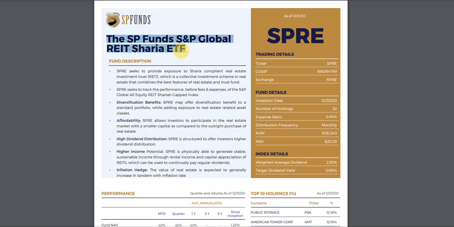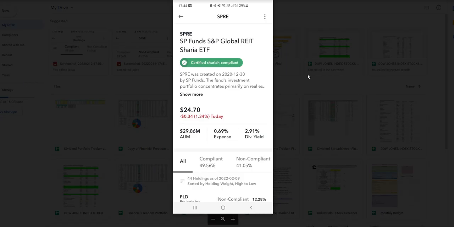But actually, before we look at the actual ETF, I want to show you some screenshots from Zoya. Some of the brothers made a request for me to do this video, saying that on Zoya, quite a lot of the companies in this ETF are actually non-compliant. As you can see here, this is the ETF.